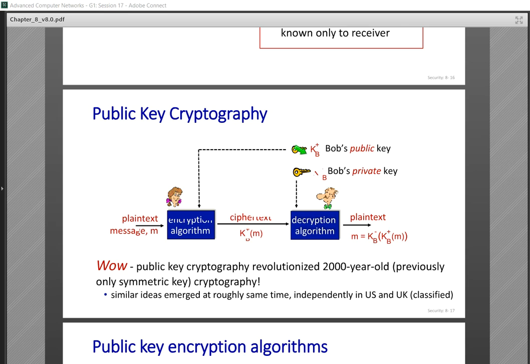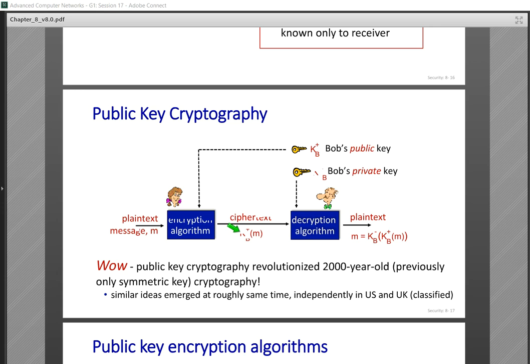Look at this one here. The plain text message M is encrypted by the public key of Bob.